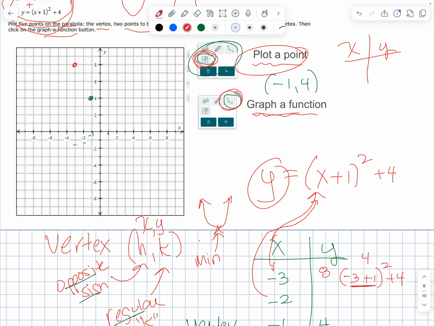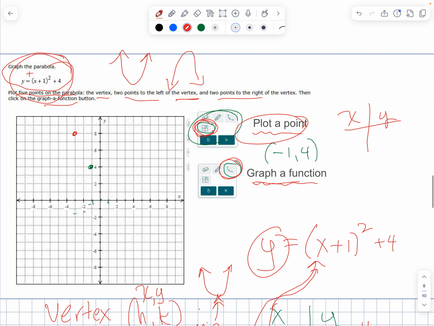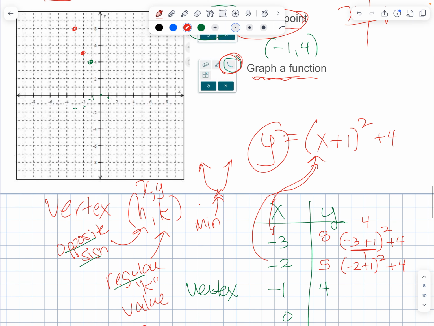So you'll have a point right there. We can start again and put negative 2 in. So (negative 2 plus 1) squared plus 4. So negative 2 plus 1 is negative 1. Negative 1 squared is 1. And 1 plus 4 is 5. So there's another plot a point. So negative 2 comma 5. Okay. Starting to make that shape here.